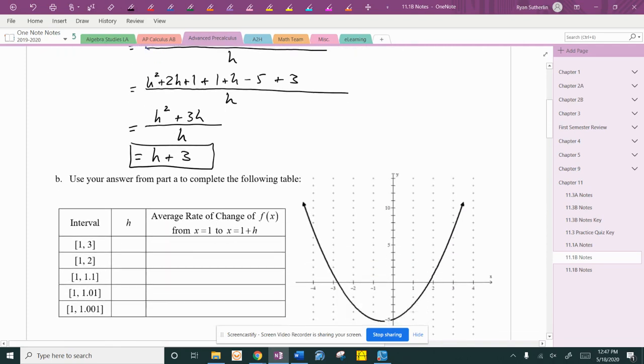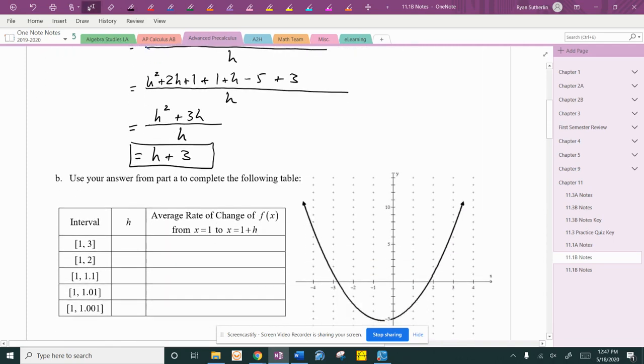So let's look at what happens here. If I wanted to know the average rate of change from 1 to 3, instead of doing the slope formula from 1 to 3, 1 to 2, 1 to 1.1, we can now use this simplified difference quotient, h plus 3. If I want the average rate of change from 1 to 3, the h value is 2, so the average rate of change is 2 plus 3, which is 5.